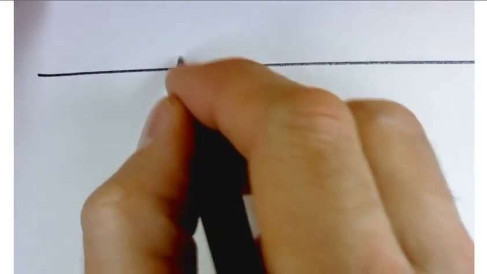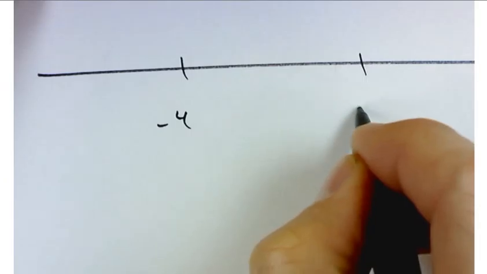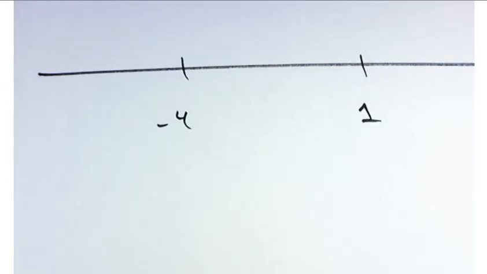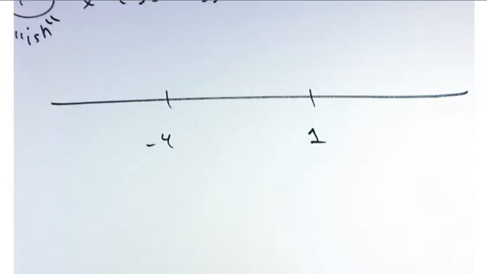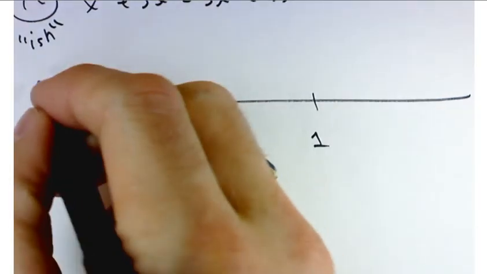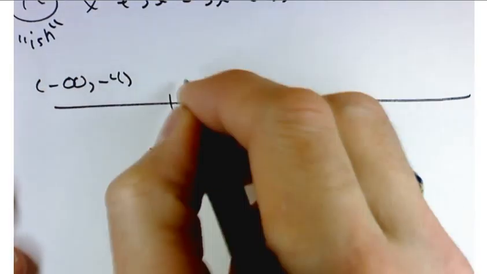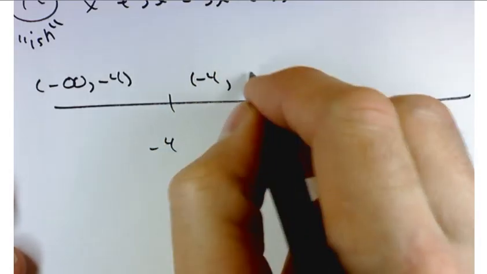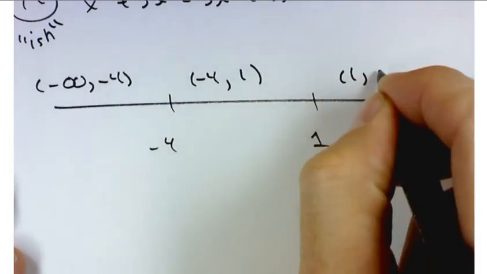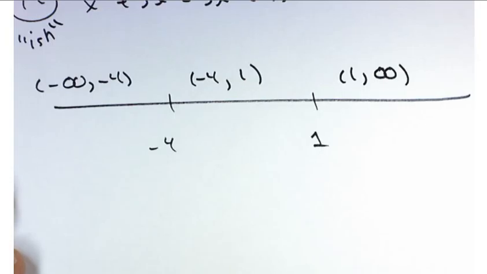So -4 and 1. Those are the only places where this changes signs. So my intervals here are -infinity to -4, -4 to 1, and 1 to infinity.